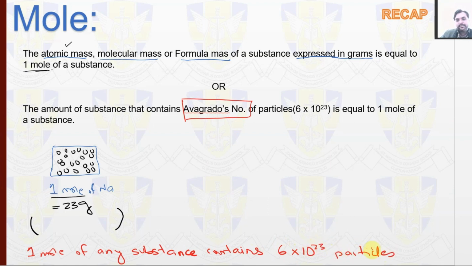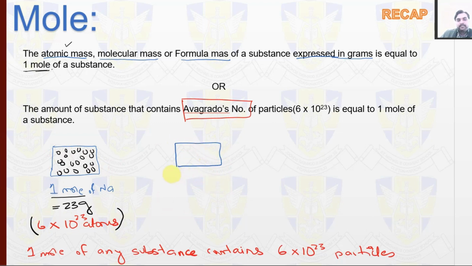So according to Avogadro, if you have 1 mole of a substance, there is no need to count the particles; they are 6 into 10 raised to power 23. Since I have 1 mole of sodium, the number of atoms inside it would be equal to Avogadro's number, 6 into 10 raised to power 23 atoms. That is basically equal to 1 mole. I hope the second definition is clear to each and every one of you.